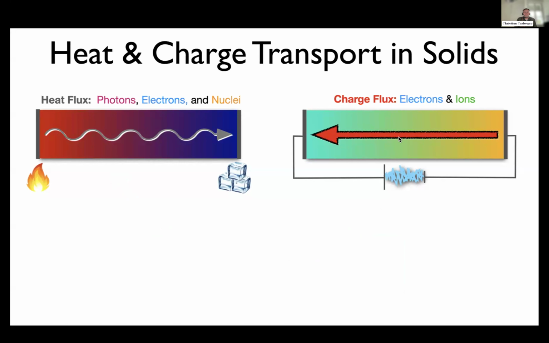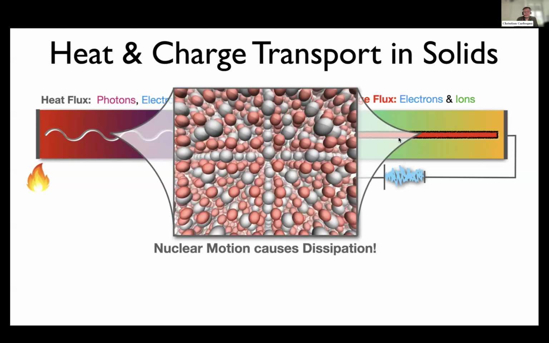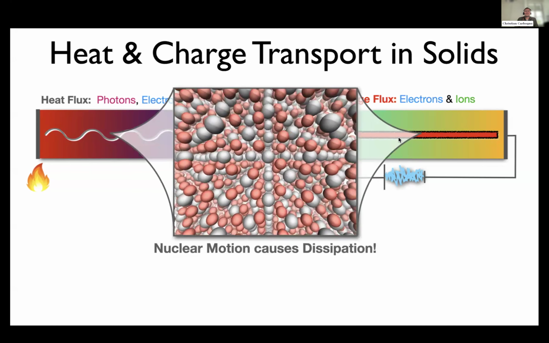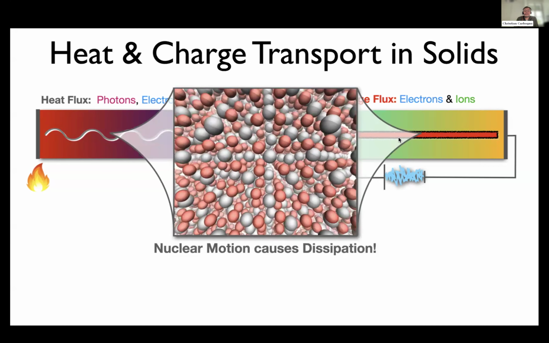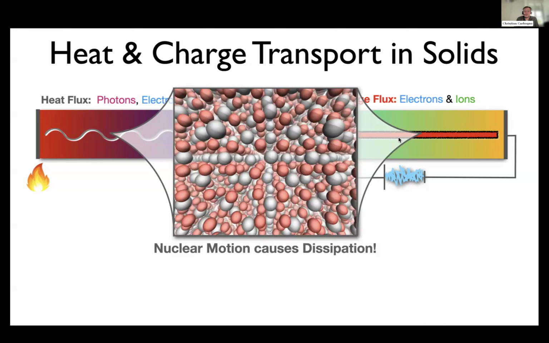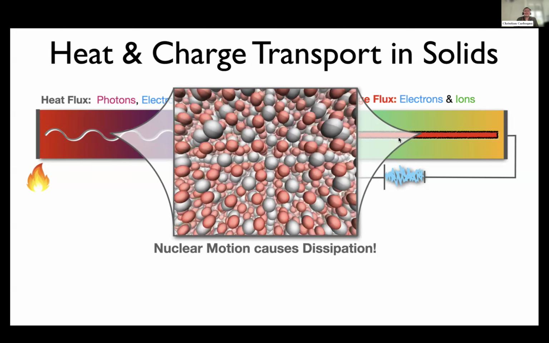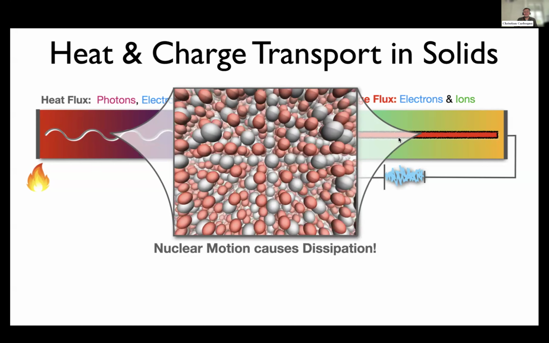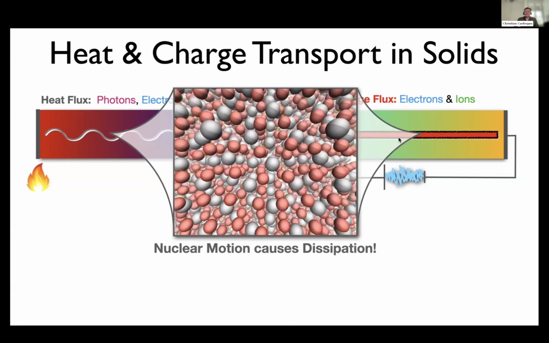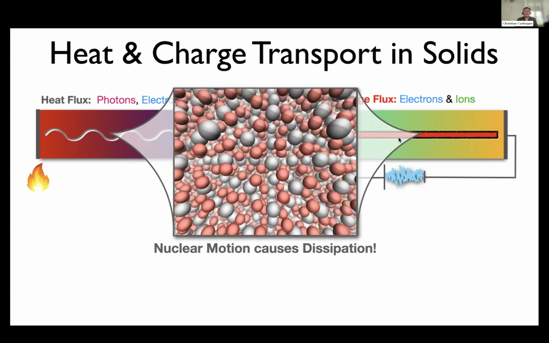Now, again, remember, I'm talking here about macroscopic bulk materials. Nonetheless, the actual efficiency of these processes is determined by microscopic atomistic effects. As a matter of fact, what really determines this transport efficiency is the nuclear motion, because the nuclei continuously move even at 0 K, and with that they disturb this flux, they disturb energy and charge dissipation and cause friction.